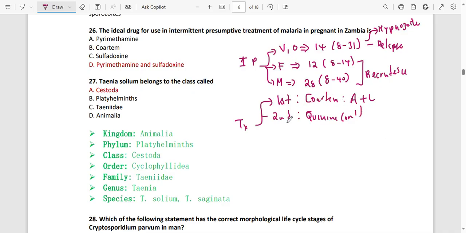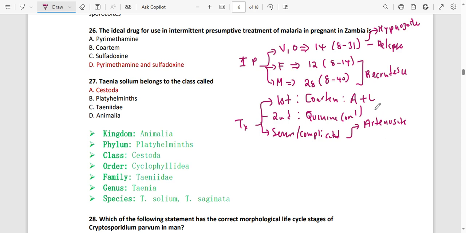And then when someone has severe cases, we can as well say complicated cases. And you know complicated cases are basically caused by the falciparum. So for the severe cases, you can give artesunate. Specifically that one you are going to give by injection. Injection can either be IV or IM, isn't it? So artesunate is going to be the first line.